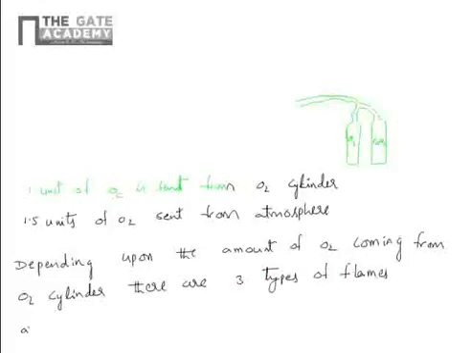First one is the neutral flame. In a neutral flame, the amount of oxygen coming from the oxygen cylinder is 1 unit. The ratio of oxygen from the oxygen cylinder to acetylene from the acetylene cylinder is 1:1.